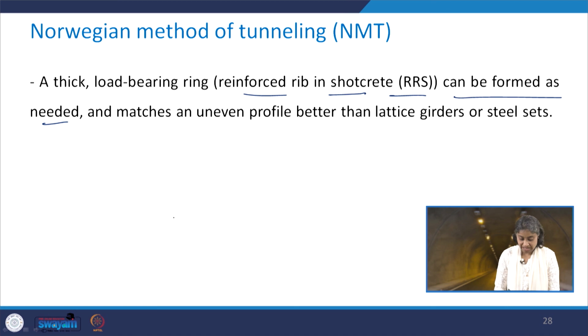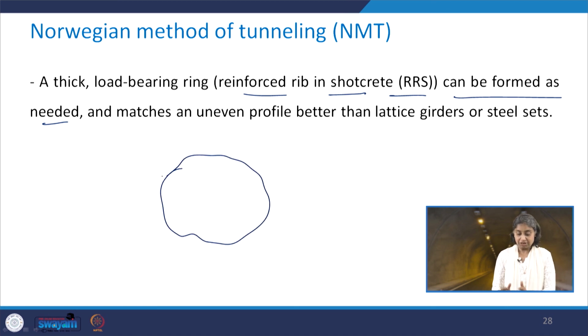So, you see, let us say the profile is something like this, the excavated profile, although this is again very smooth. But then when you are providing, let us say, the steel set, steel sets are going to be very nice girders which will be very smooth. So, what about these?